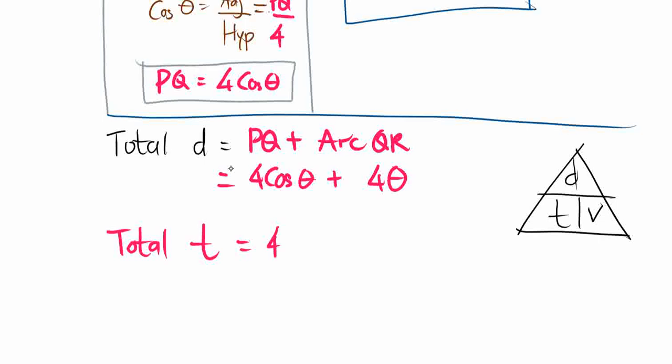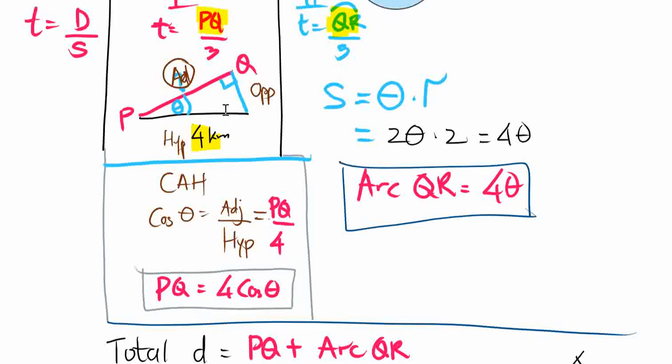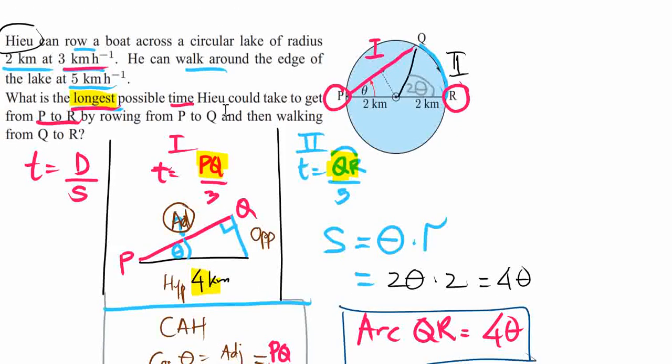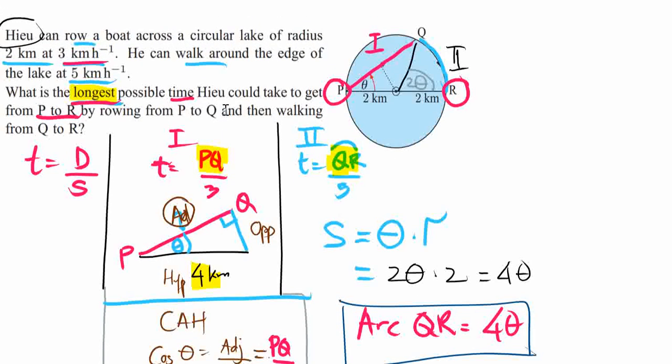the distance PQ over the speed for PQ, which is 3.